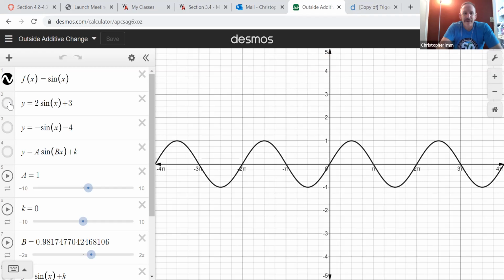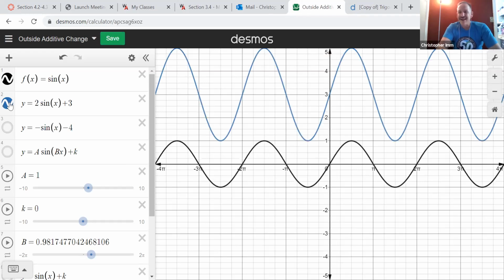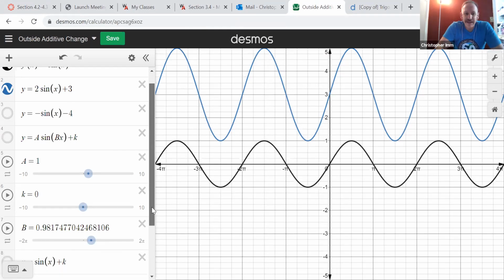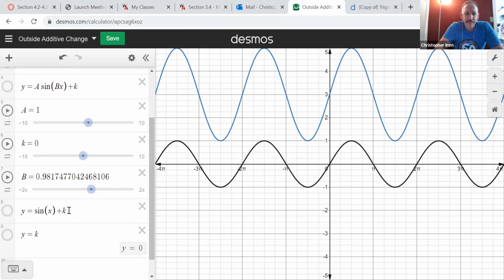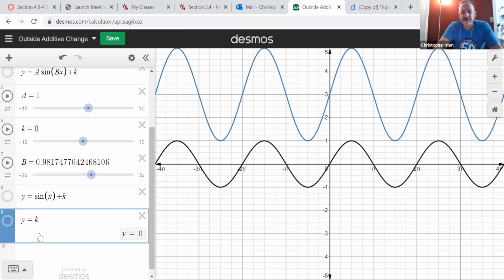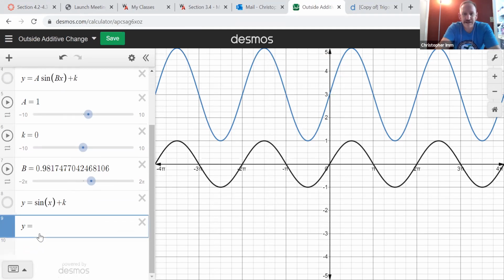But if we look at this graph, it's been moved up 3. It's been stretched by a factor of 2. And if I look at the midline here, let's just say that k is equal to 3.